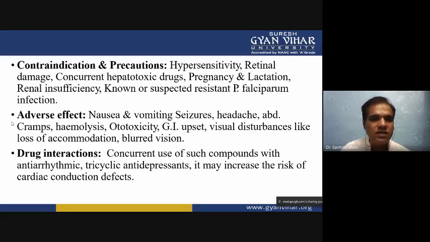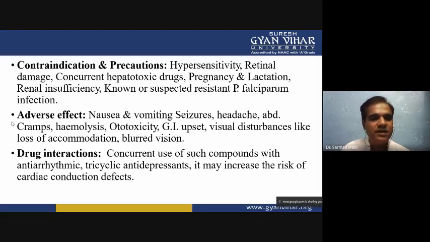In pregnancy and lactation, we should not prescribe these anti-malarial drugs. As for drug interaction, concurrent use of such compounds with anti-amoebic drugs or tricyclic antidepressants may increase the risk of cardiac conduction defects. So we always have to avoid combining them with antiarrhythmic and tricyclic antidepressant drugs.